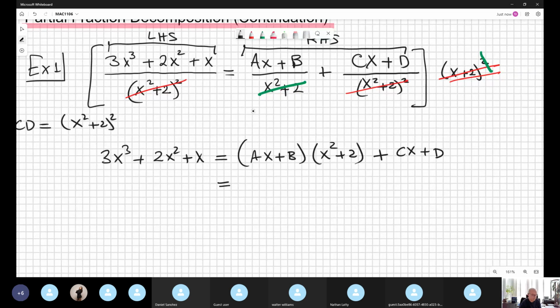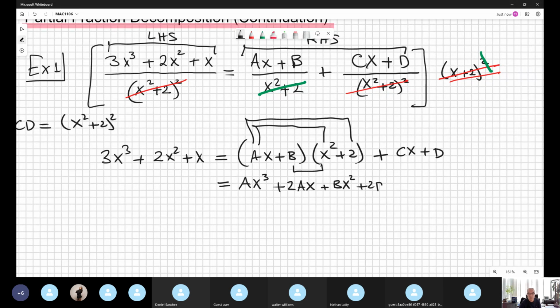Now I am just going to FOIL. You FOIL here, and we have ax cubed, because you are doing the multiplication this and this. a times 2 is plus 2ax and b times x squared, b times x squared plus 2b plus cx plus d. And the left hand side, I just bring down what we have.